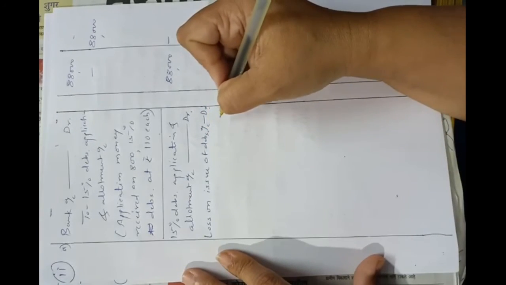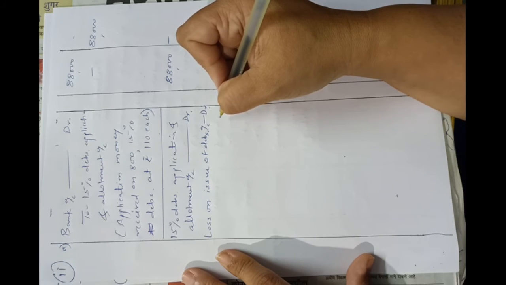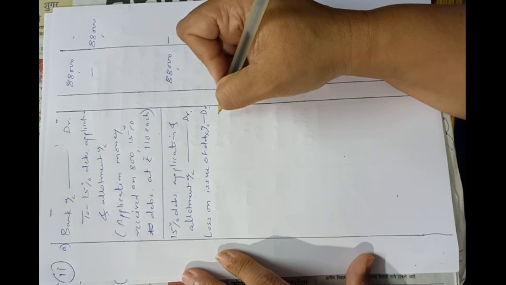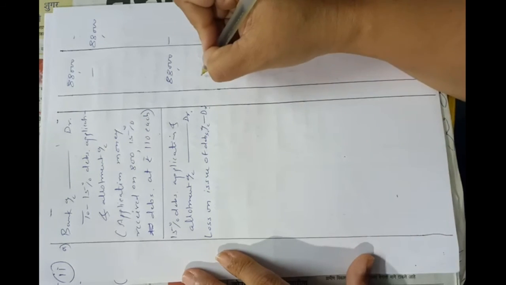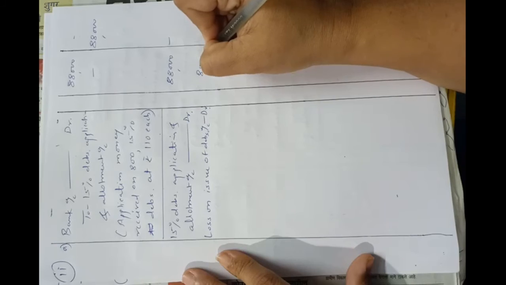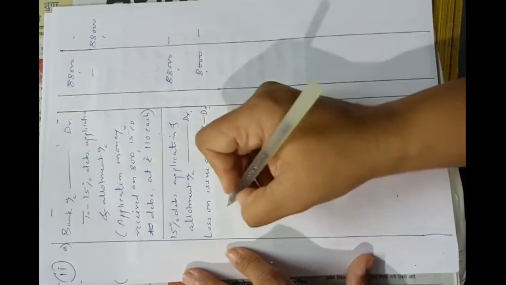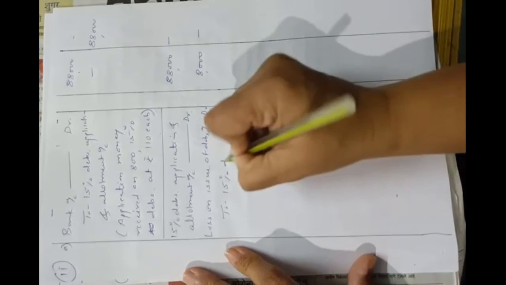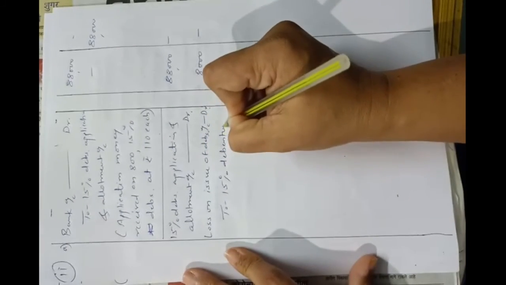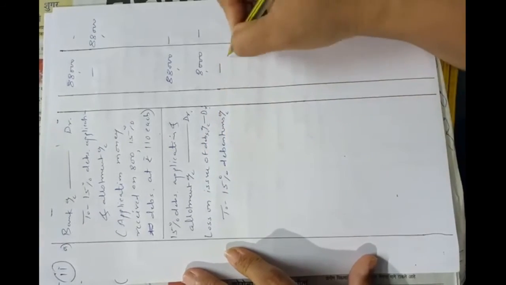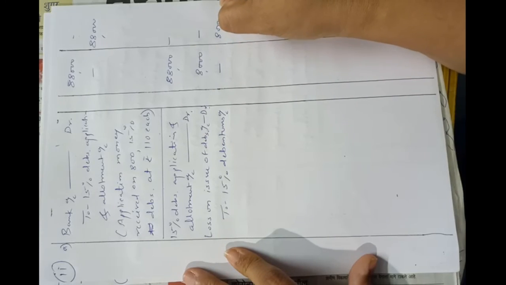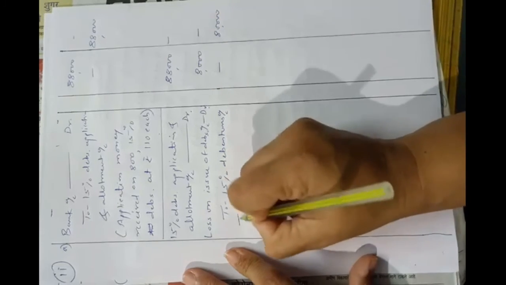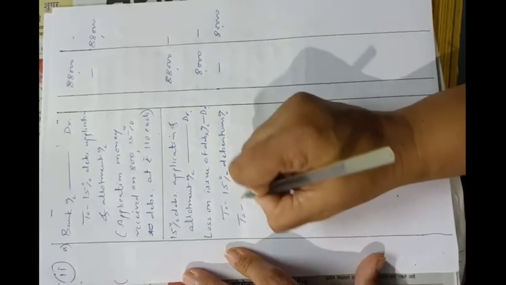This will be the premium payable at the time of redemption, which is 10%. That is again per debenture rupees 10. So 800 into 10, that is 8,000. To 15% debentures account, 80,000, that is 800 into 100, to security premium reserve account.